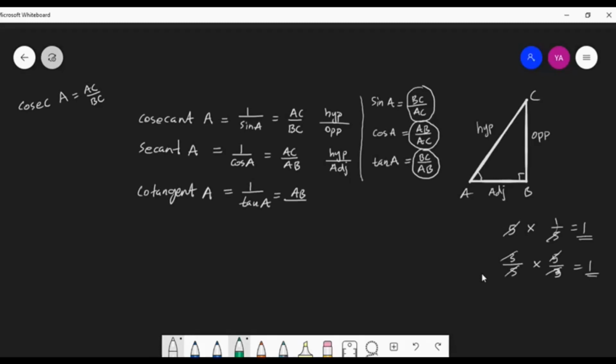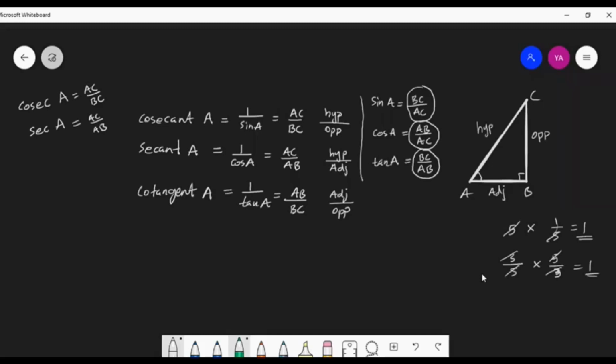In relation to the sides, it is adjacent side by opposite side. So we got three more trigonometric ratios: cosecant of angle A, secant of angle A, and cotangent of angle A. In short, secant A is written sec A. Sec A is equal to AC by AB here.